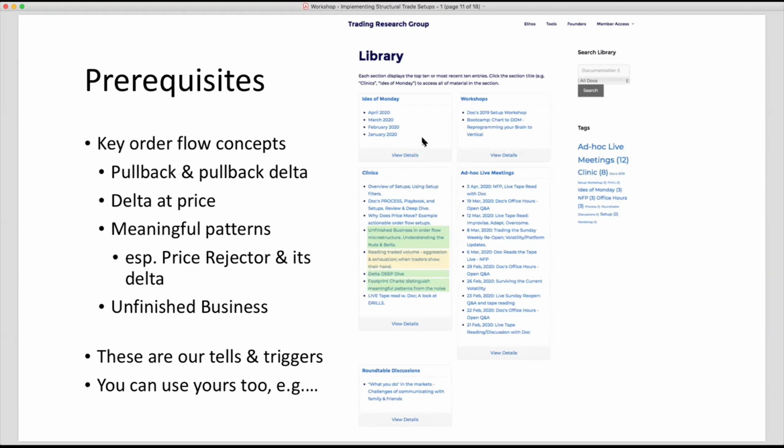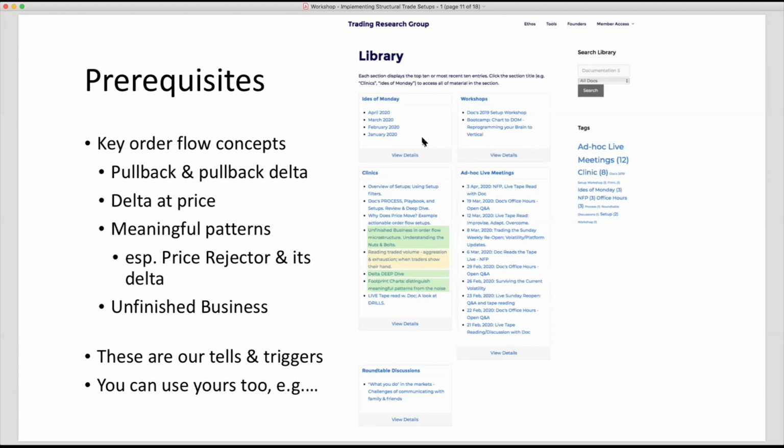So we have various clinics, and clinics are typically 1 session, 1 to 2 hours long, where we explore specific concepts. And I've run some clinics in the past looking at various order flow concepts, and I've highlighted in green for our members the clinics which I've delivered in the past, which I would like you to rewatch as a priority. And then the yellow one is recommended if you have time available.